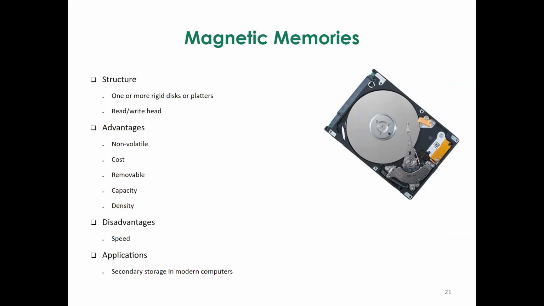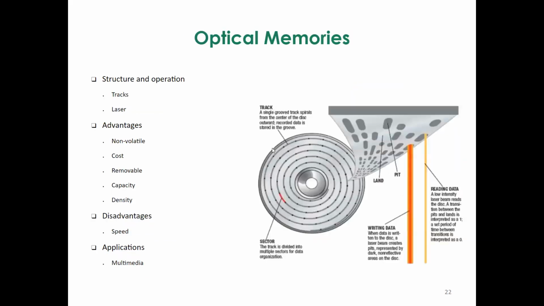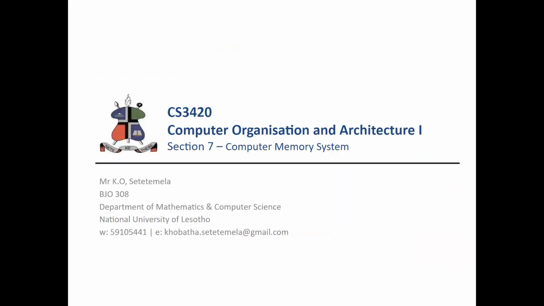So that somewhat limits the performance of your magnetic memory. Optical, same group, very cheap, easy to get, large capacity at a low price, but you pay for that with slow speed.